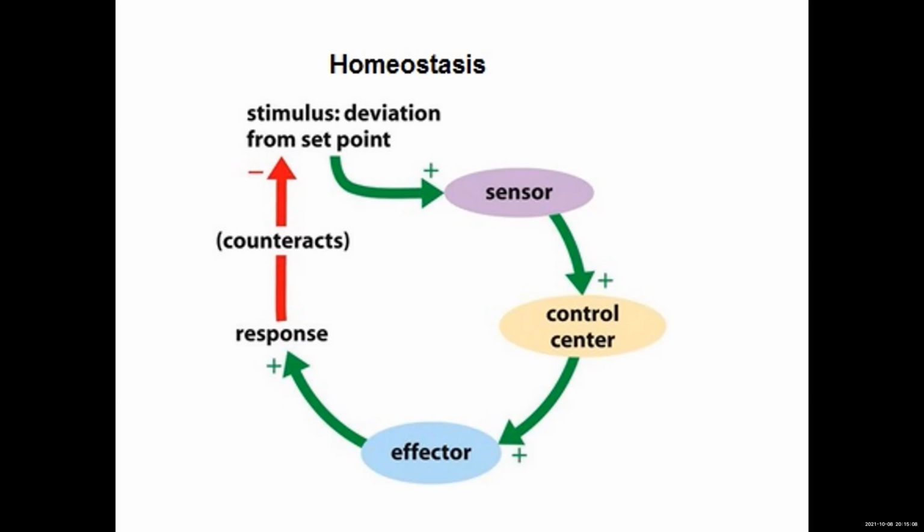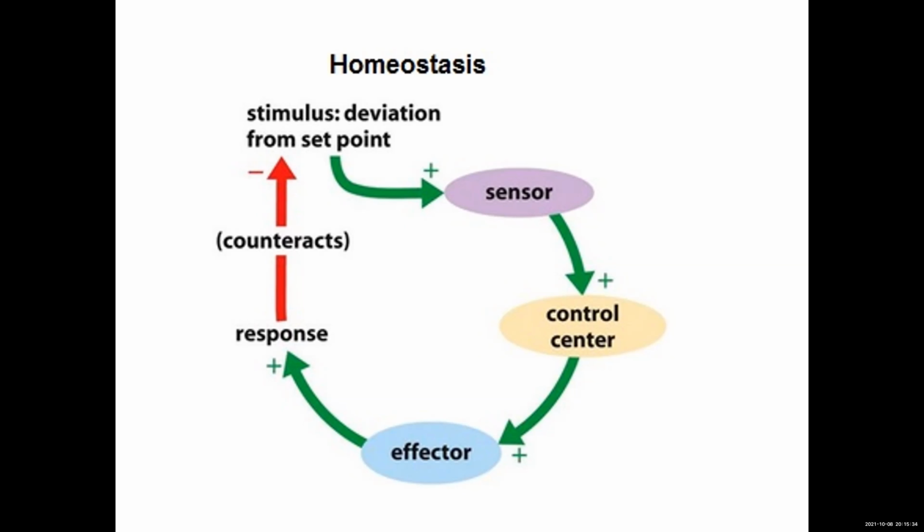A process happens that pushes back the other direction. So if we think of that change as a plus, a positive number, then that response is a negative number. All right, so our temperature gets too high, something happens to push it down again, or it increases, we want to subtract from it. A negative feedback loop is critical to maintaining homeostasis.